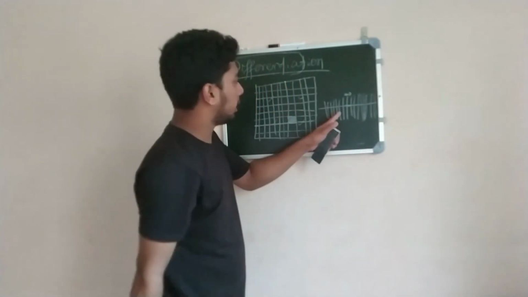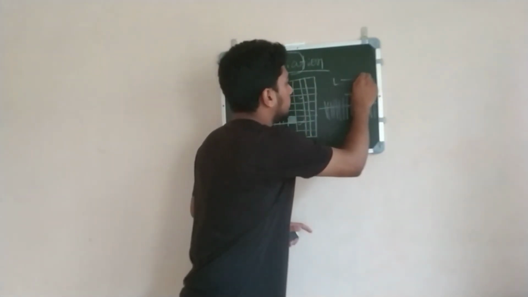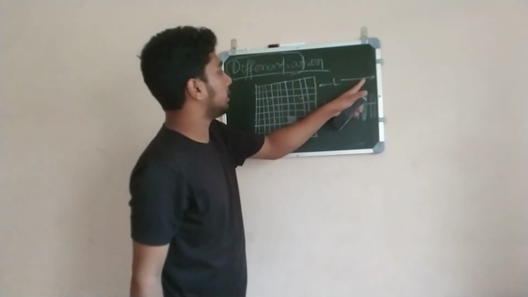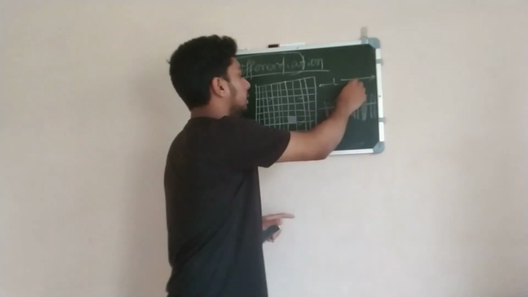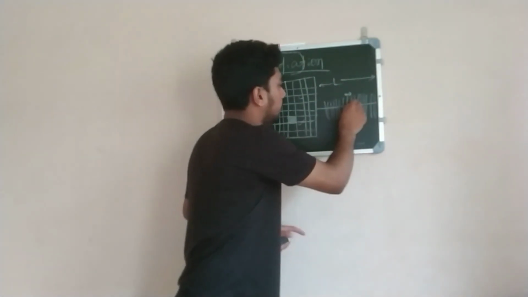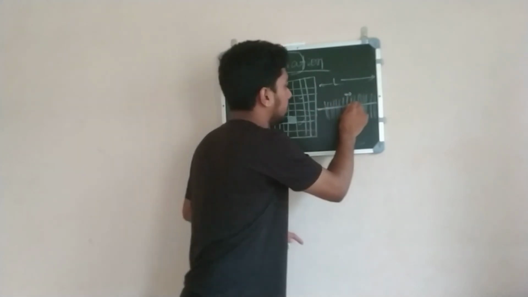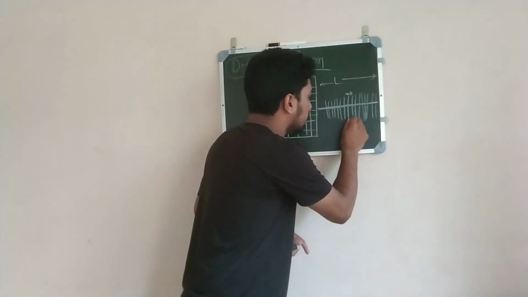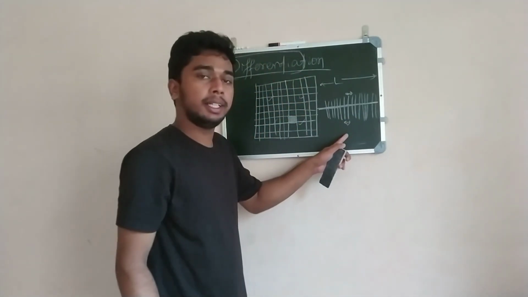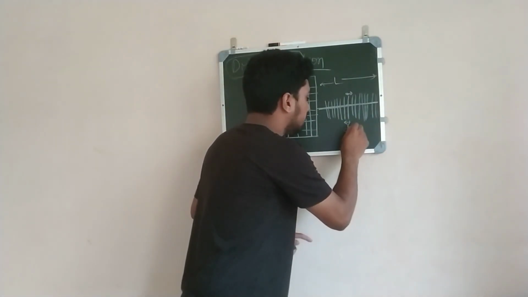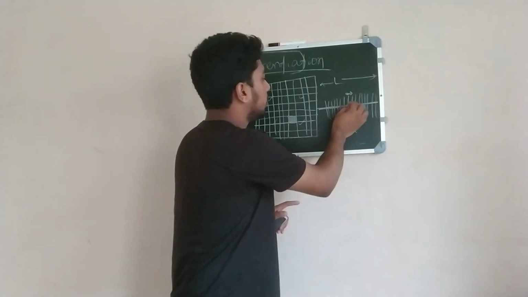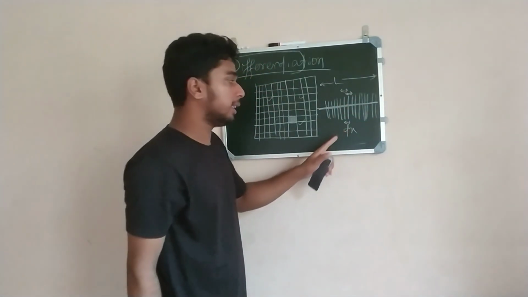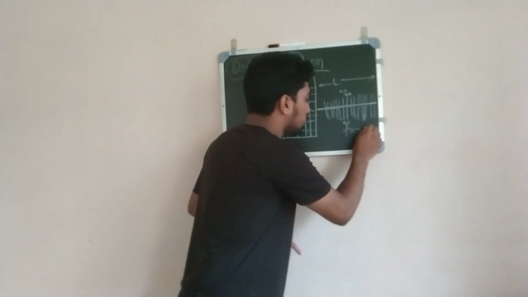For example, the total length of the wire is L, and I divide this line infinite times. Finally, I will find the length of an infinitesimal element, whose length is dx, and this dx tends to 0.